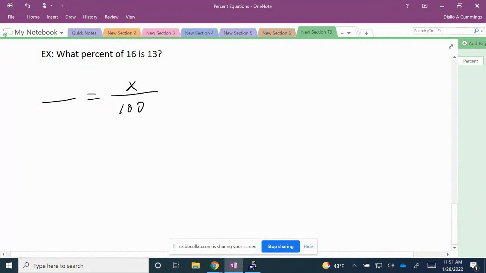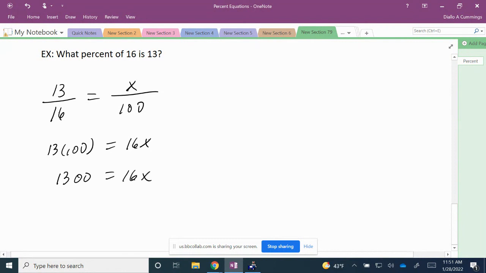Of 16, so 16 is our denominator and 13 is our numerator. We're going to use the cross product property. So we're going to multiply 13 times 100. We're also going to multiply 16 times x. So 13 times 100 is 1300.